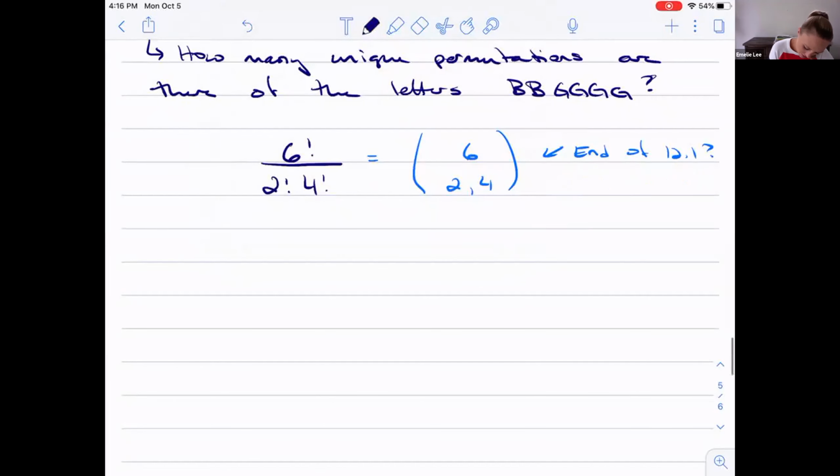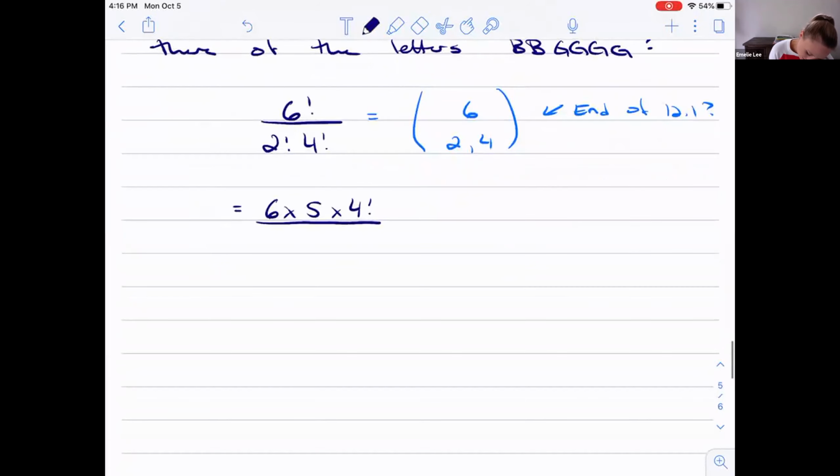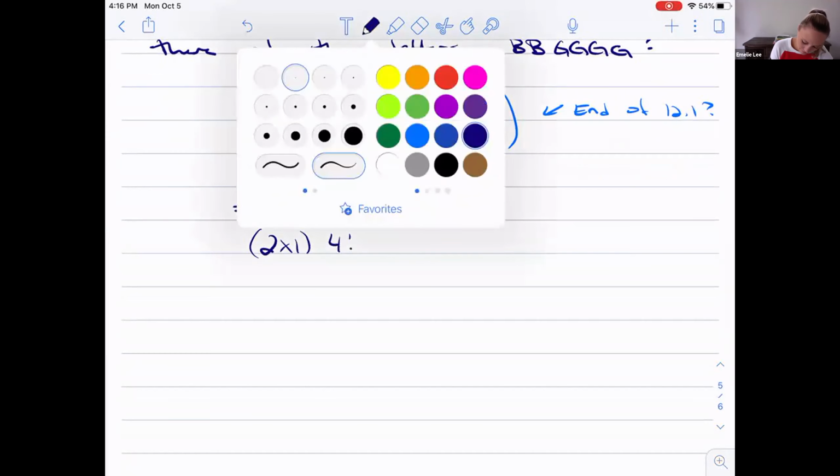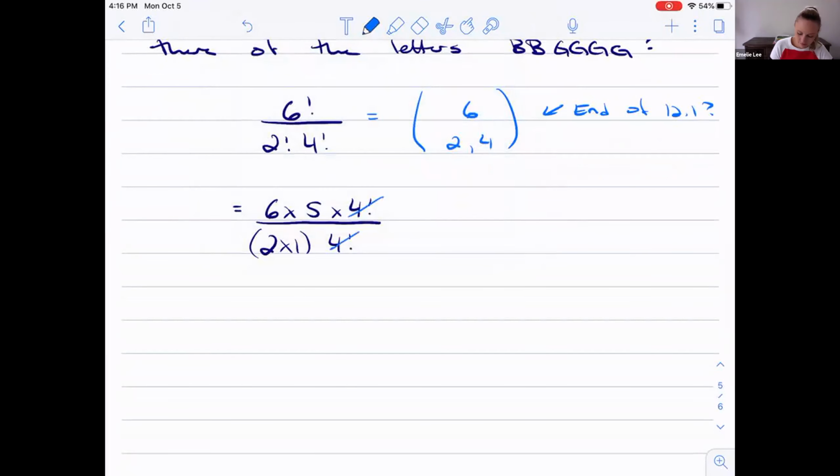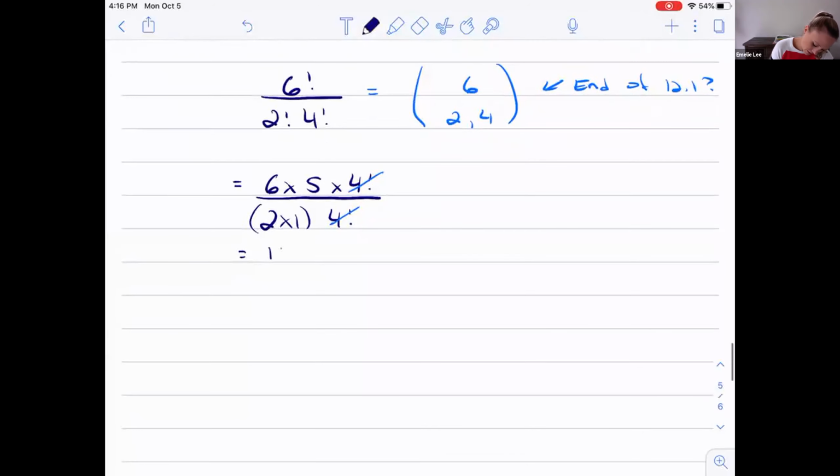So this becomes, if you don't want to use your calculator, if you do, that's totally fine, 6 times 5 times 4 factorial divided by 2 factorial, which is just 2 times 1, times 4 factorial. 6 times 5 is 30, divided by 2, it's 15.